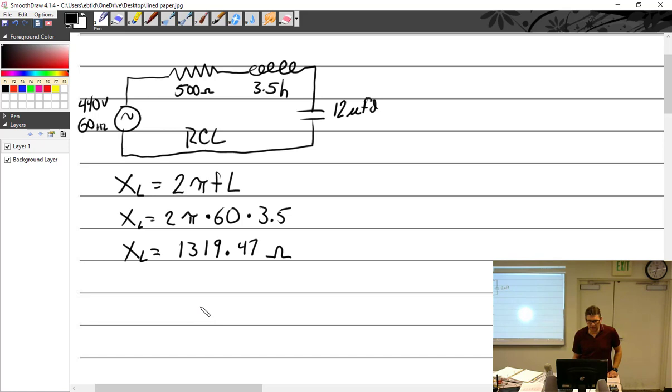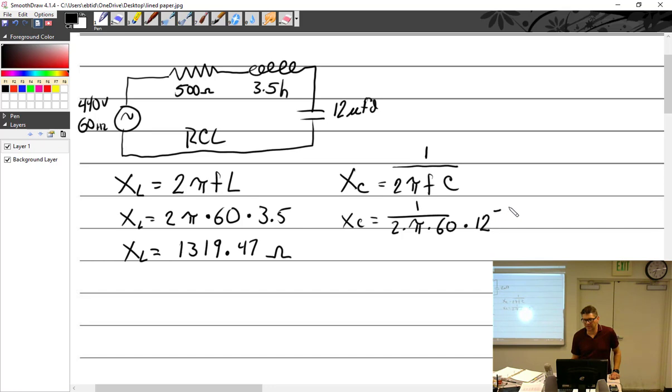All right. Then we're going to solve for X of C. X of C is almost the same, 2 pi FC, but it's the inverse, 1 over. So X of C equals 1 over 2 times pi times 60 times 12 microfarads, be careful with this, that's 12 times 10 to the negative 6.